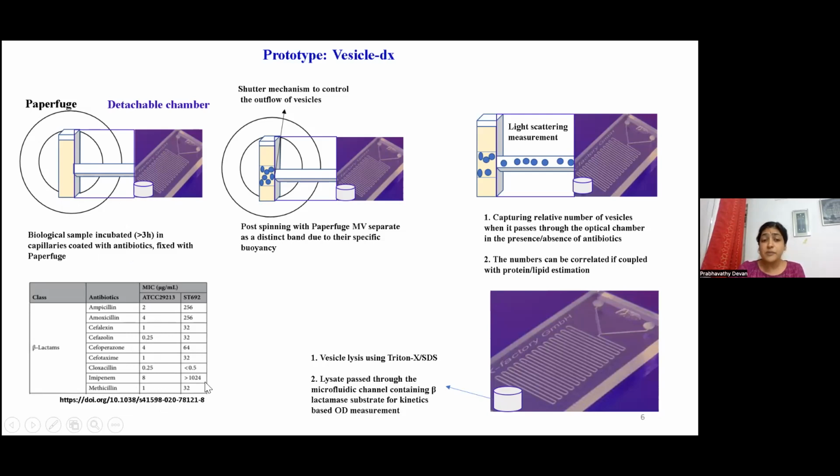But this paper specifically was very interesting to me because they had studied a resistant strain, which is ST692, which you can see here. And you can see how the minimum inhibitory concentration has increased in leaps and bounds, right? So they are actually resistant to most of the beta lactams.